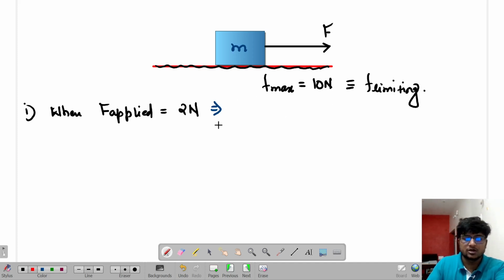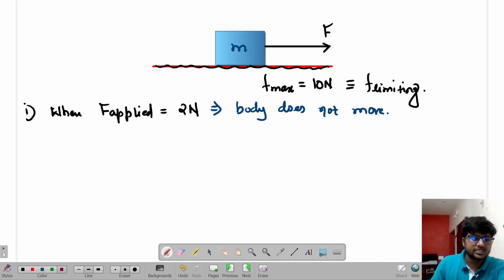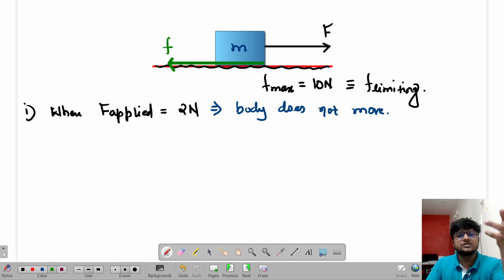Now, if body does not move, then what is happening? Someone is opposing it. Well, who is that someone? Basically, it is that frictional force. It is that frictional force which is present over here, and which is opposing it.